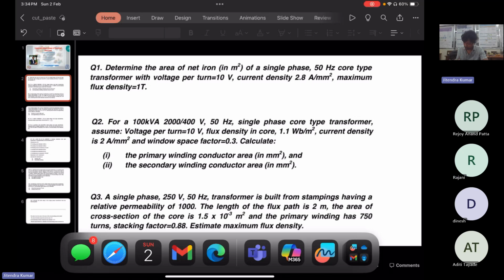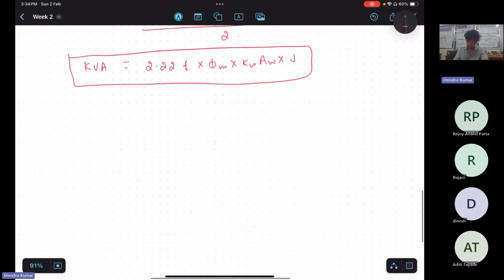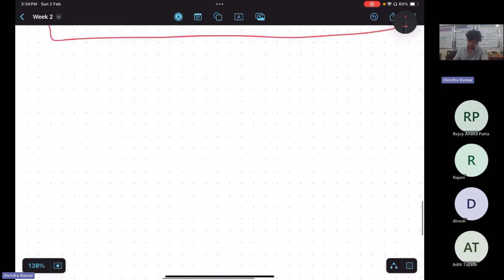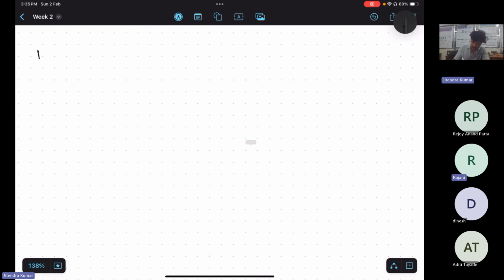So I hope you have seen the problem. Anyway, I'll write all the parameters. The voltage per turn is given as 10 volt, which we will equate with 4.44 F phi m.